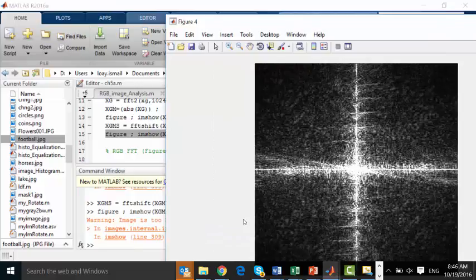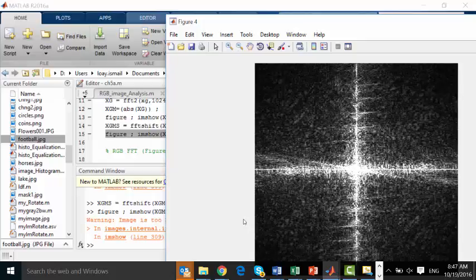This center point corresponds to the zero frequency. As we go away from it, the frequency will increase in both directions, in the rows and columns. If I want to go from this center point to the higher frequencies only in the horizontal direction, I should go in this direction and in this direction.